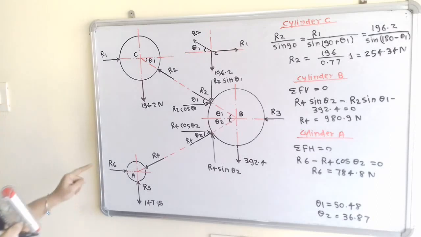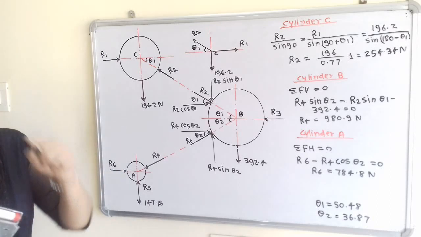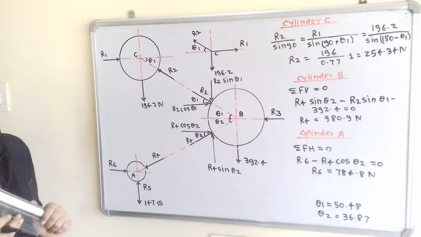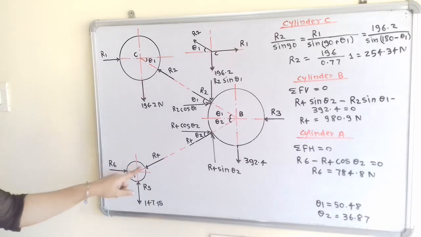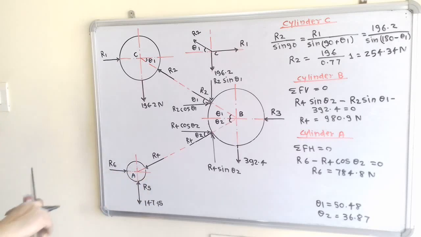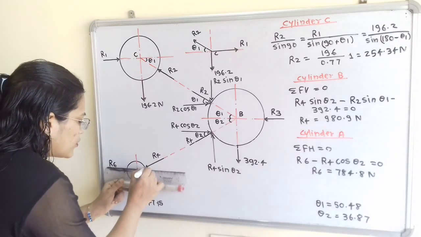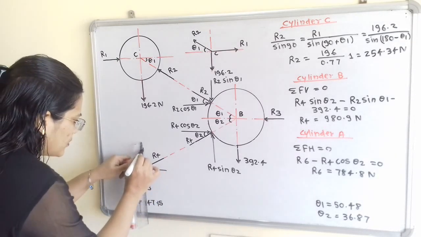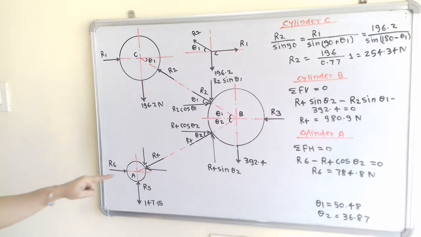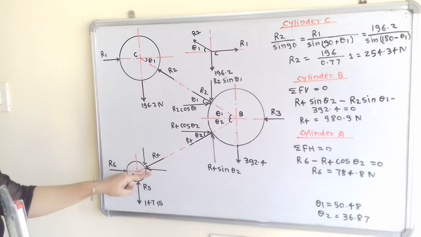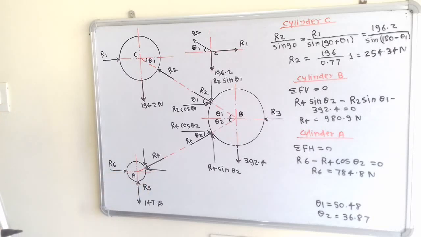Now if we observe, we have to find out R6, which is the force in the horizontal direction. So we will resolve this R4 into two components, that is in horizontal and vertical component. Now we have to decide the angle. So here this horizontal component is parallel to this horizontal line.